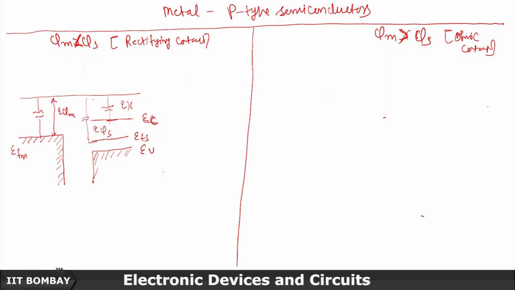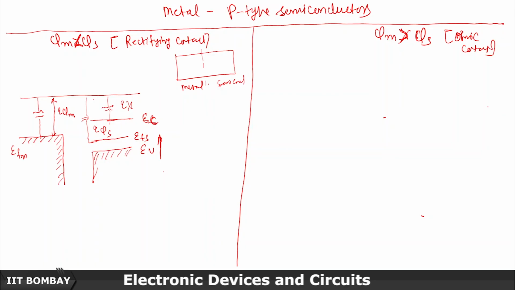Now what will happen in this case is that the Fermi energy level will shift up, these energy levels will increase. Also, if we see what is happening here, this is metal, this is semiconductor, right? So a depletion region will form here because phi m is smaller than phi s.